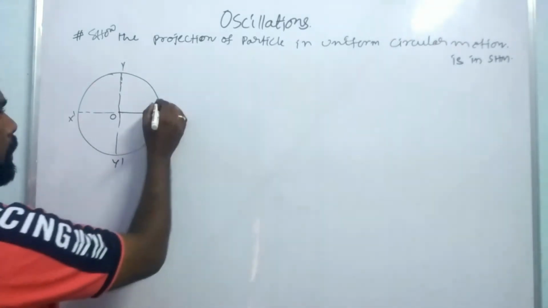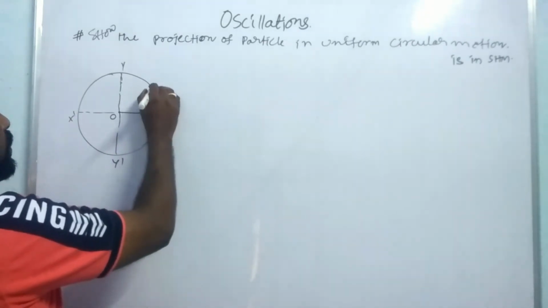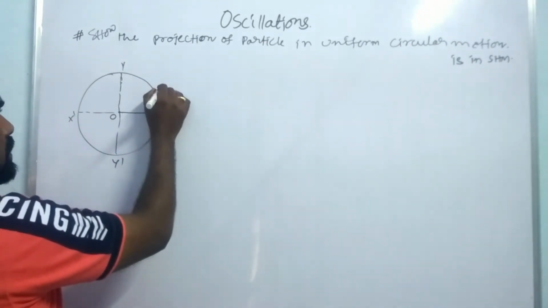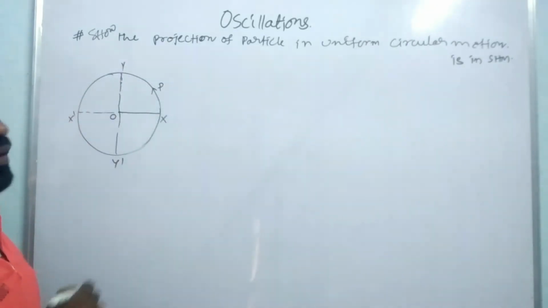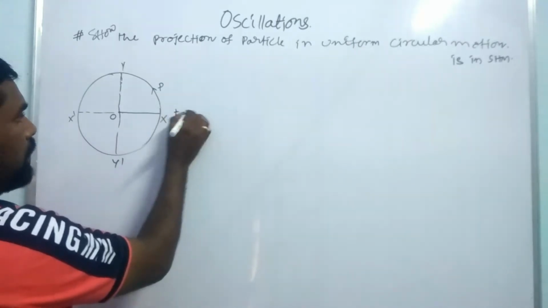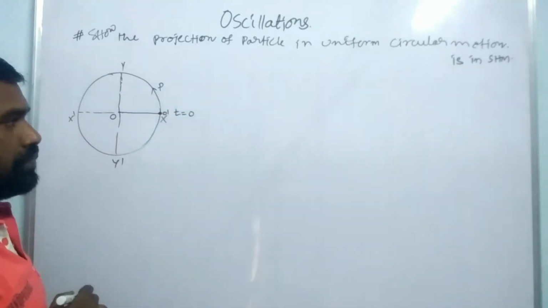Now a particle P is moving in the anticlockwise direction. At time t equal to 0, the particle is at point O dash.